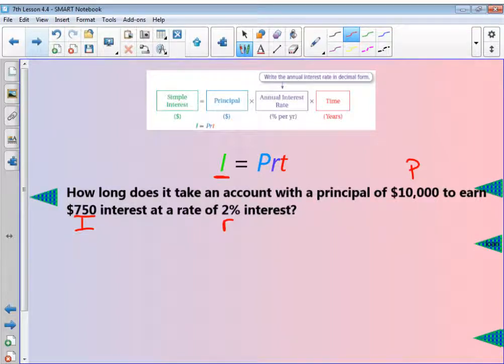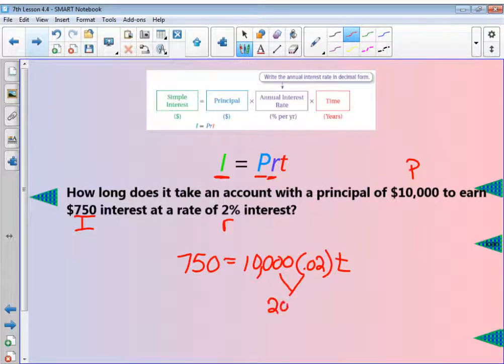So we're going to plug those things into our equation. What was our I? That was 750. Did we have our P? Yes, that was 10,000. Did we have the R? Yes, that was 2%, so 0.02. We didn't have the T, so I'm just going to put the letter T. When I put these two together, 10,000 times 0.02, I get 200.